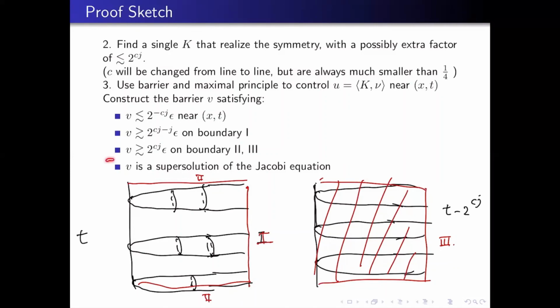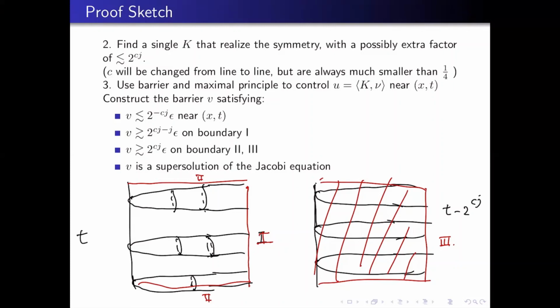The last key thing is that V has to be a super solution of the Jacobi equation. It turns out that such a V exists by a careful choice of the size of the neighborhoods.